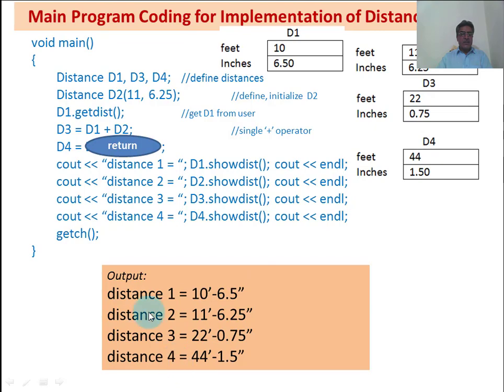And the 4th line of the main program will display the memory of the D4 object. In the memory of the D4 object, the feet are 44 and inches are 1.5. So 44 feet and 1.5 inches. This is the value of the D4 object. The computer will display these 4 outputs in response to these 4 lines of the main program.